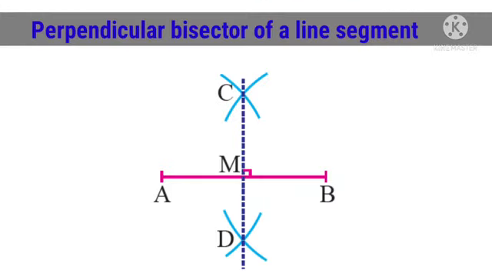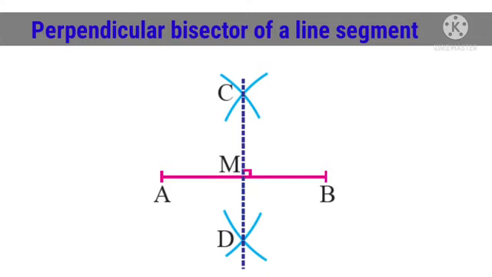Next point is the perpendicular bisector of a line segment. Students, you have learned this. Here AB is the line segment. We have to draw the perpendicular bisector of AB with the help of a compass.